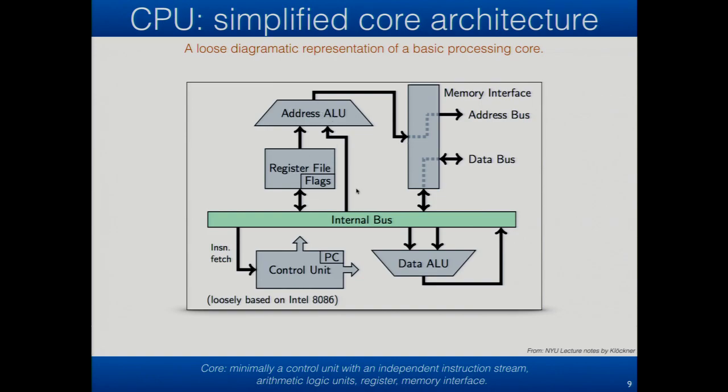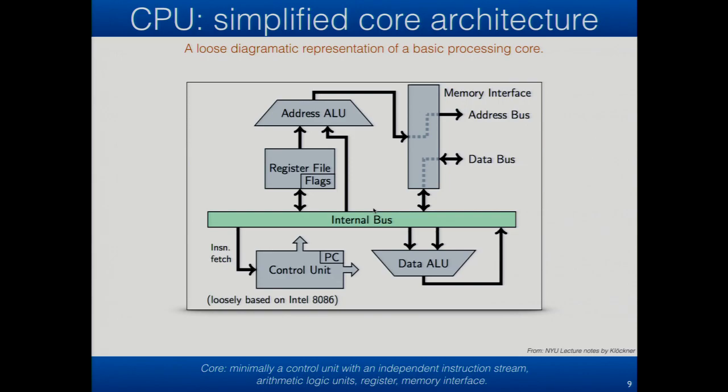And then we've got a couple of different ALUs, arithmetic logic units. One involves forming addresses for memory queries. One is involved with actually processing data. So this is a very rudimentary overview of what the core on one of these processors looks like.